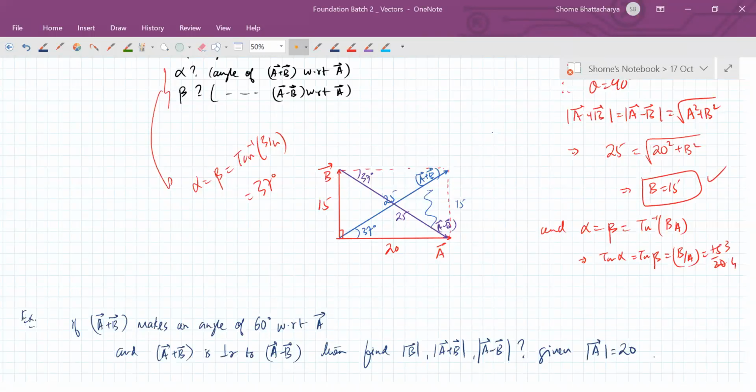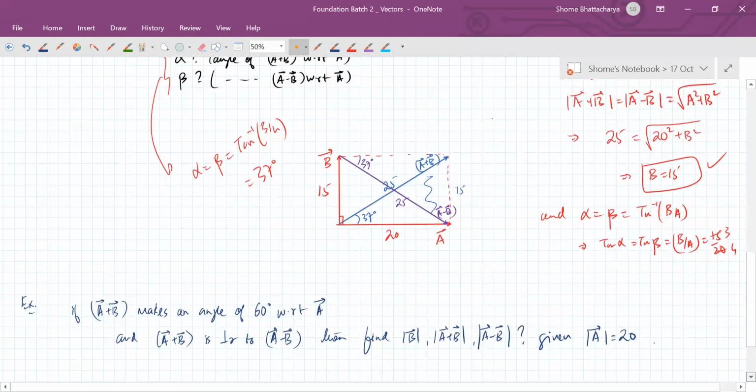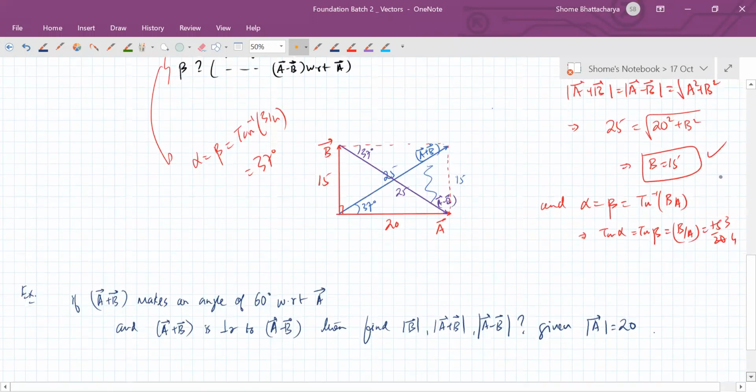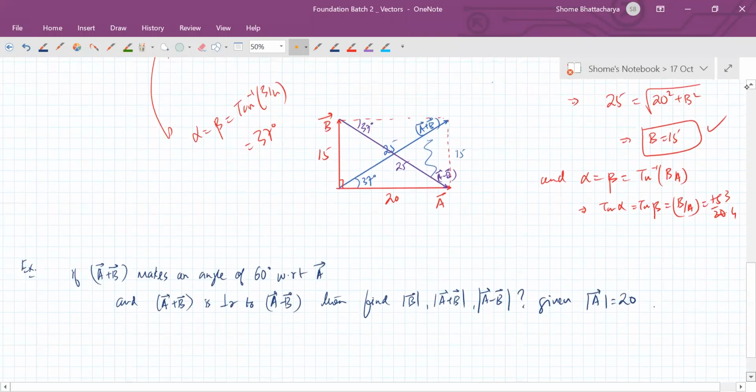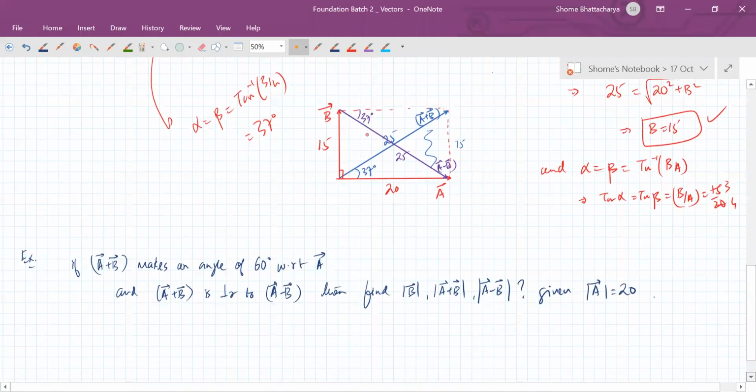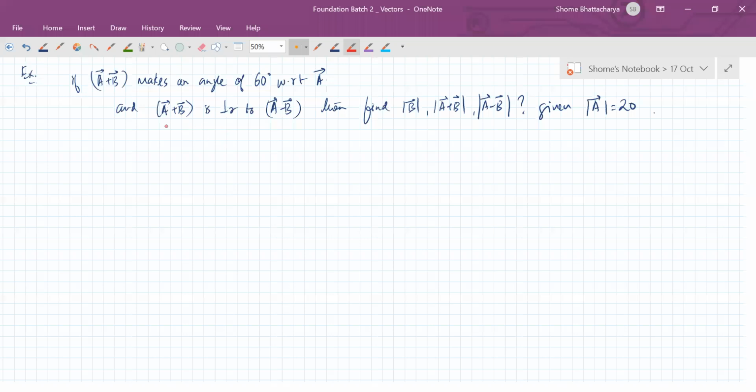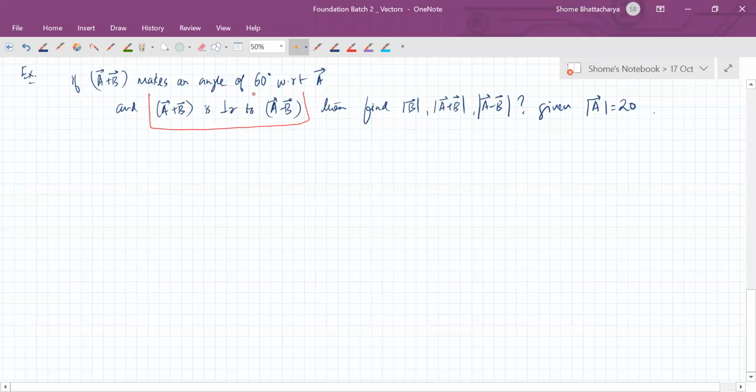Okay, so I'll do two things here. I'll give you a hint on how to use the theorems here, and I'll also give you the final answer. Try to work it out yourself. This statement here is implying that the vector parallelogram formed using A and B has perpendicular diagonals.